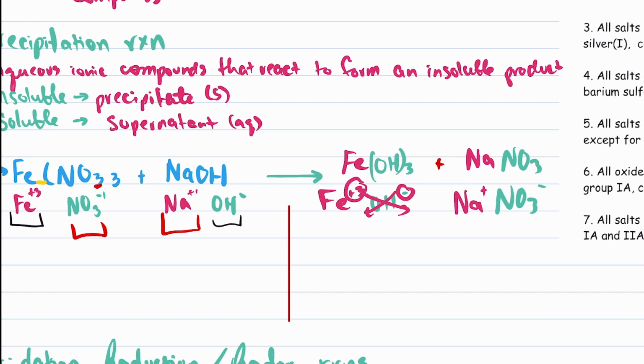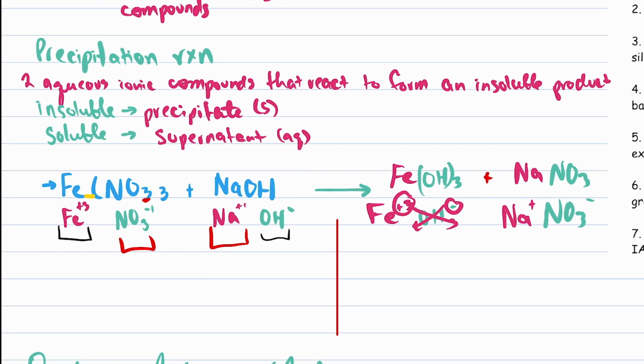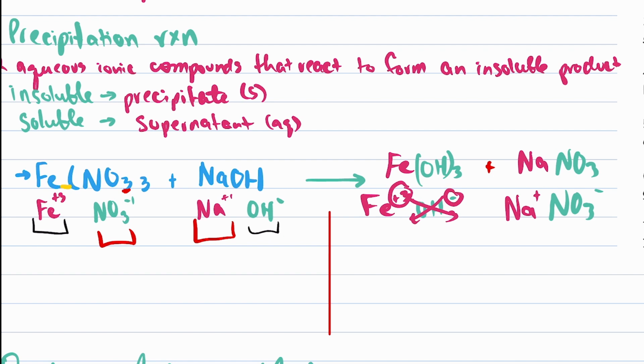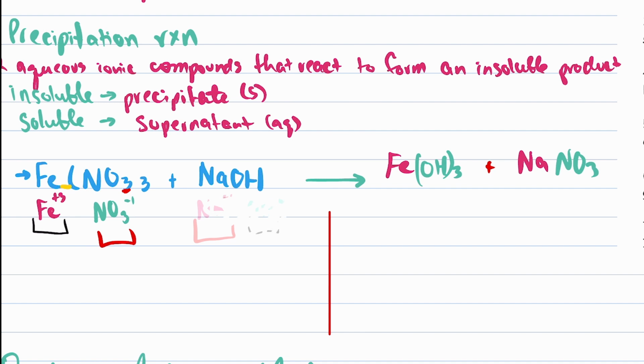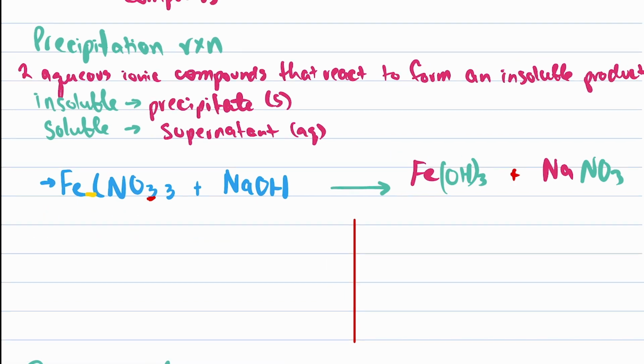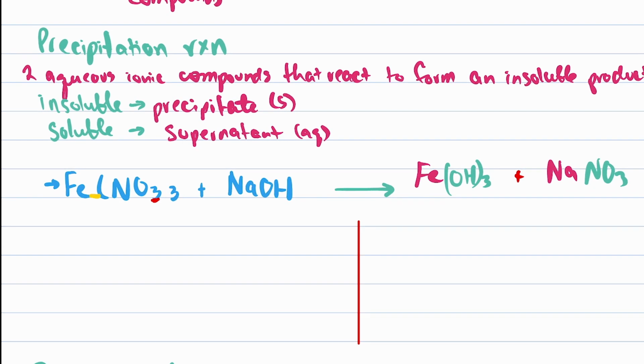All right. So I'm gonna then get rid of this below, and I'm gonna balance them. So when you balance them, notice that the polyatomic ions continue to be together on the reactant and the product side. Over here on the reactant side, we see an NO3 or nitrate, which continues to be NO3 over here. We have hydroxide, which again stays the same on the reactant and product side.